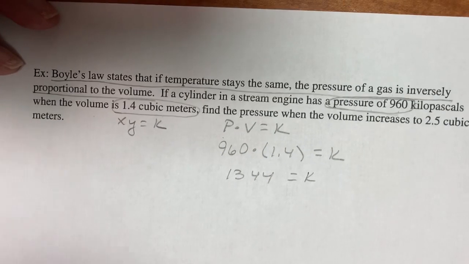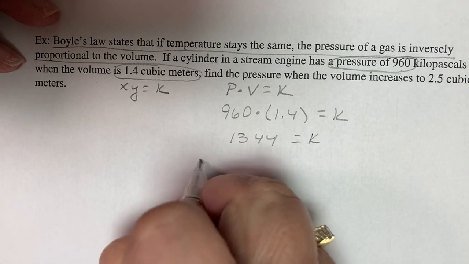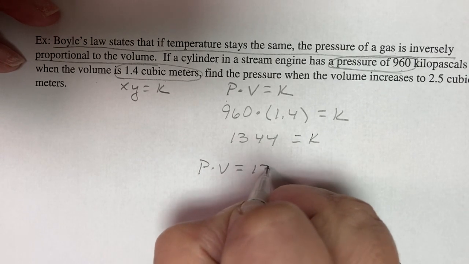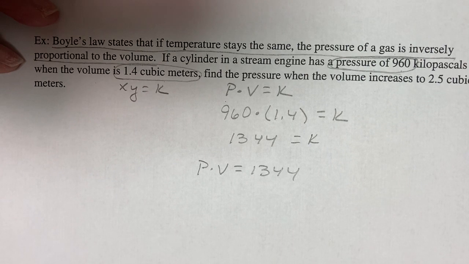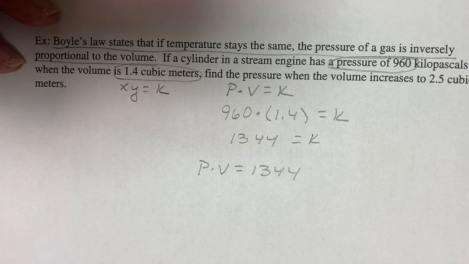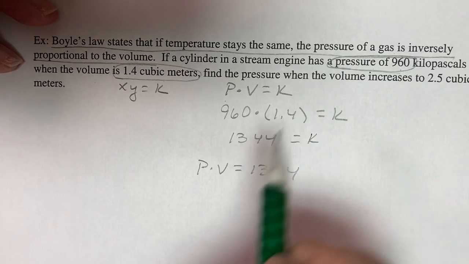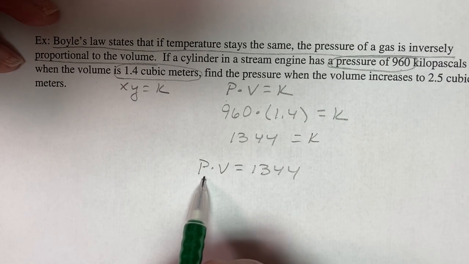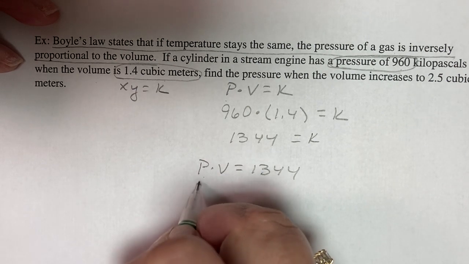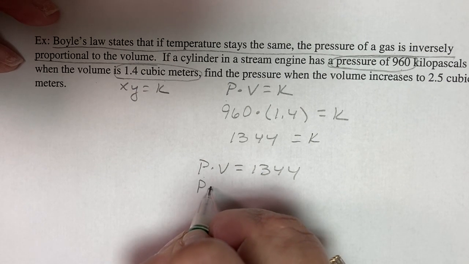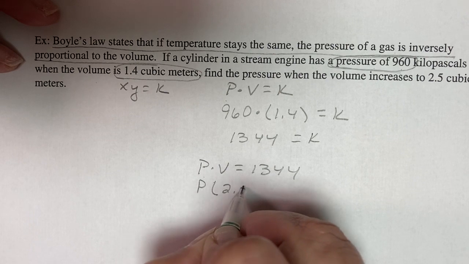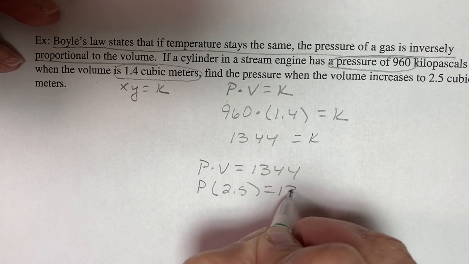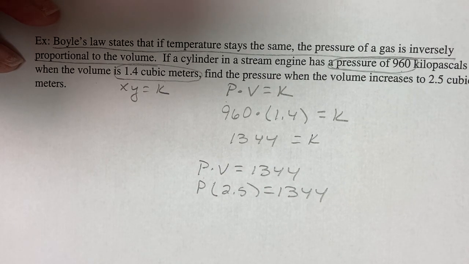So now that I have found K, I'm going to go ahead and change my equation to have my K. Now it says find the pressure, so I'm going to be looking for P when the volume increases to 2.5. So that would be P times 2.5 is equal to 1344.